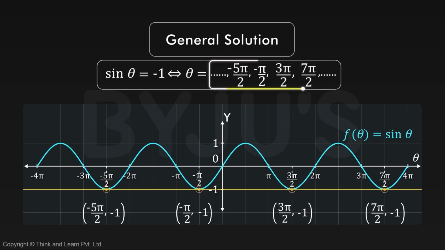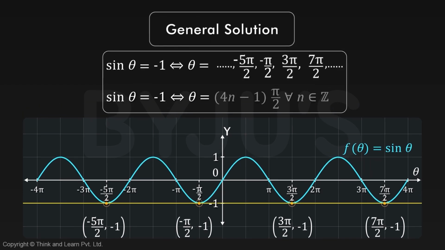So we get sine theta is equal to minus 1 if and only if theta is one of these angles. Now realize that each of these infinitely many angles can be written as 4n minus 1 times pi by 2 for some integer n. Convinced? Yes? Hence, this is their general look.